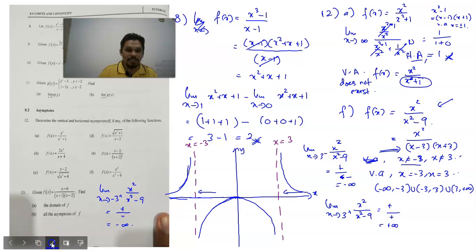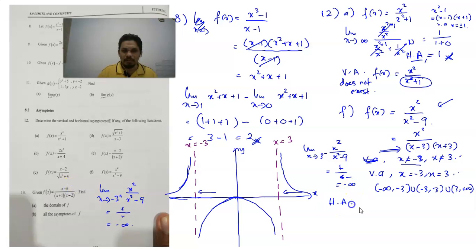And for the horizontal asymptote, limit of x approaching infinity of x squared divided by x squared minus 9. Looking at this, the greatest power in the denominator is x squared. So divide by x squared: x squared over x squared is 1, 9 over x squared goes to 0.